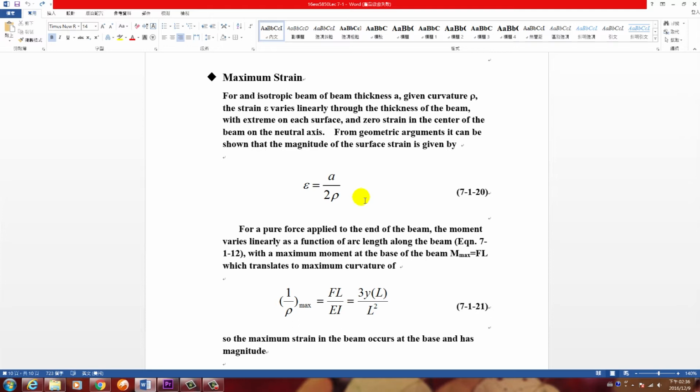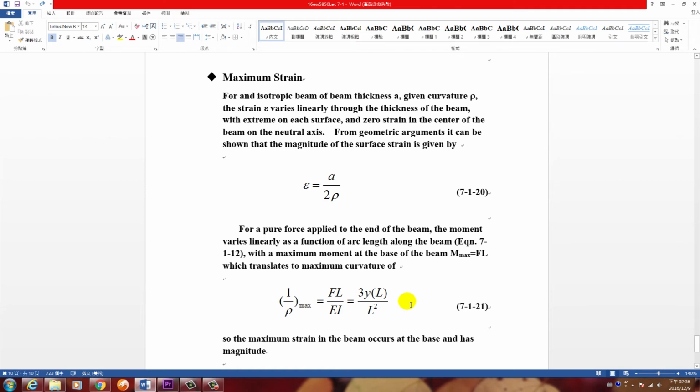So now we already have 1 over ρ as your spring constant here. The maximum curvature will be at the base, when x equals 0. So this also gives the maximum curvature. You put the maximum curvature back into here, so you get the position at the base and also at the outer surface.